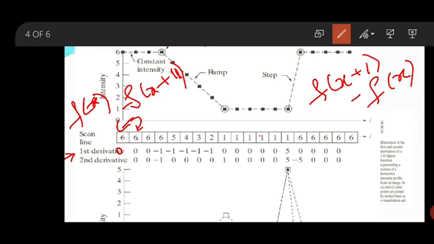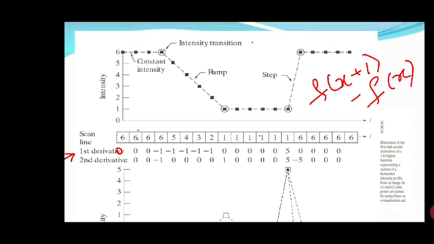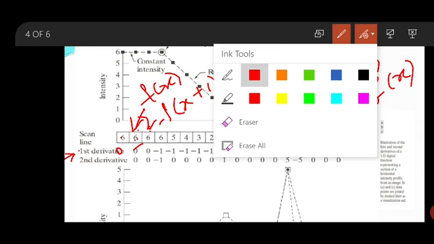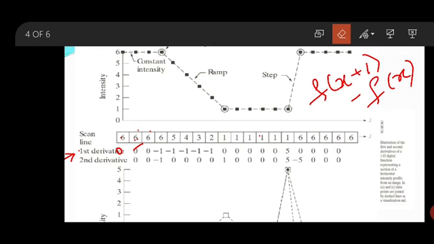Now I'll come to this point. This is my current pixel because I'm performing a first derivative. This is f of x, and this will be f of x plus 1. What is the value of f of x? 6. 6 minus 6, you will get 0. This is the first derivative answer. Now we'll go with the next one.